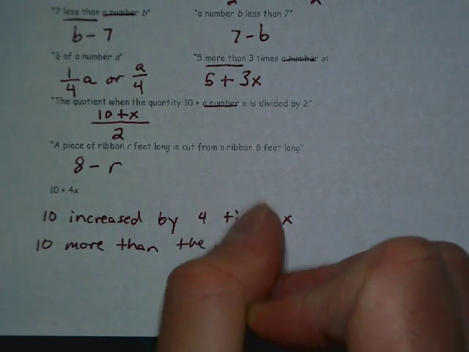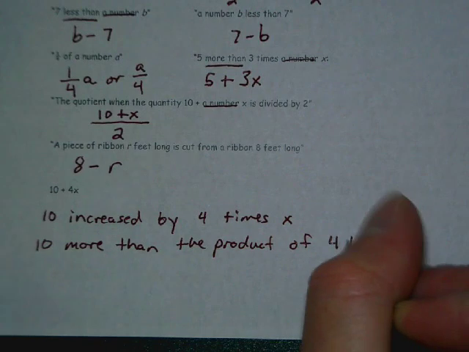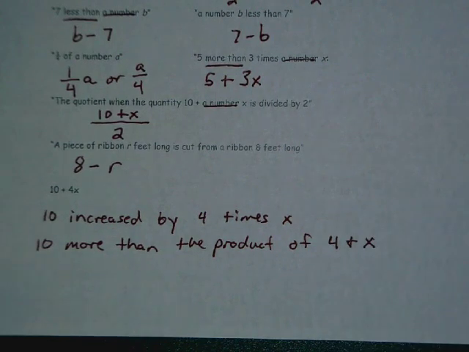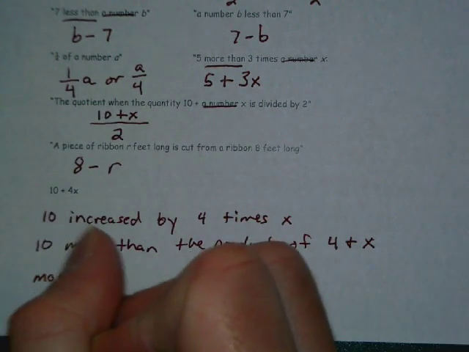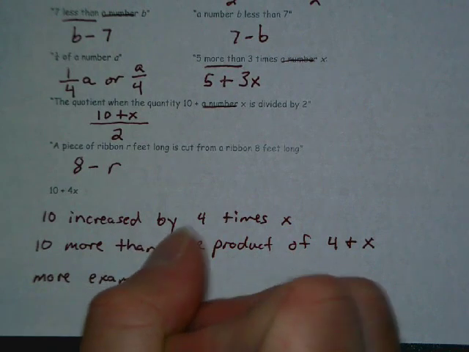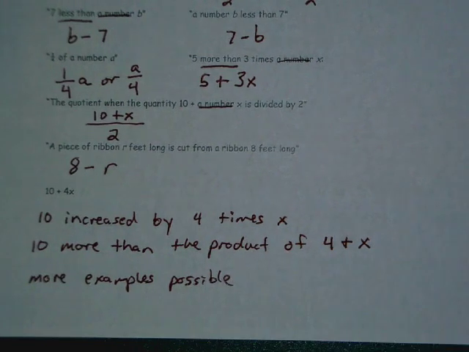You could say 10 more than the product of 4 and x. So when you're going from the algebraic sentence and you want to write it back into an English sentence, more than one right answer. You've got a lot of words to choose from in our language that mean the same thing, right? There could be more examples possible.